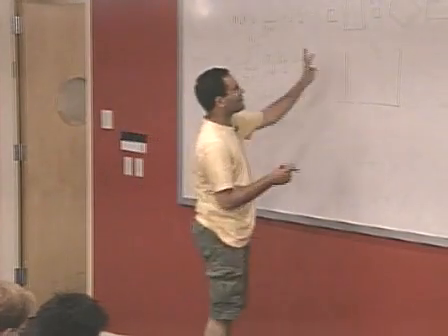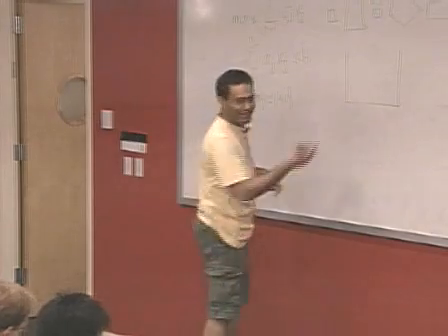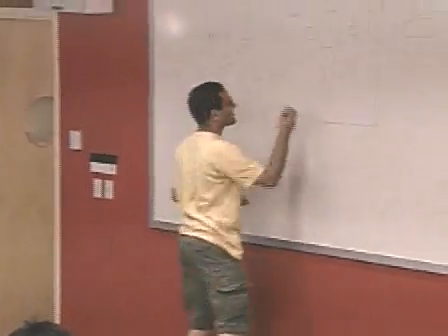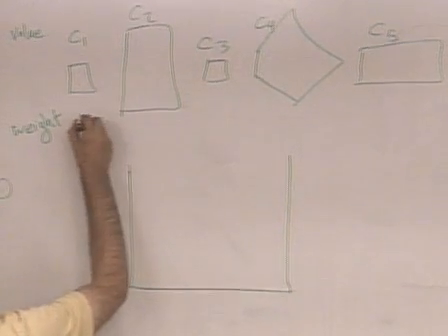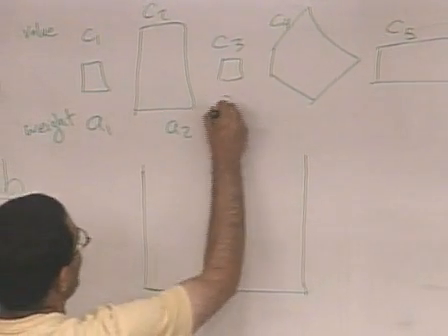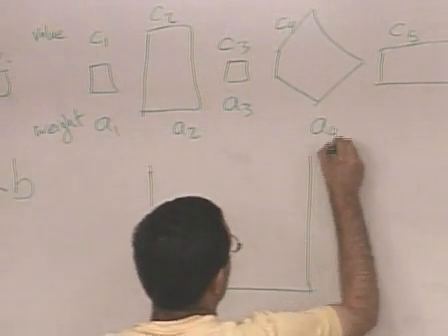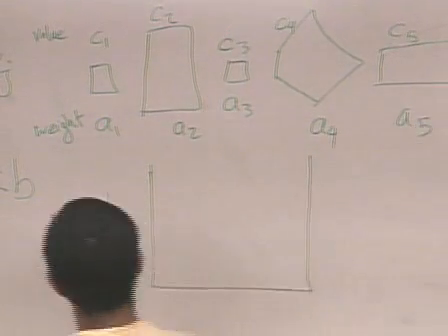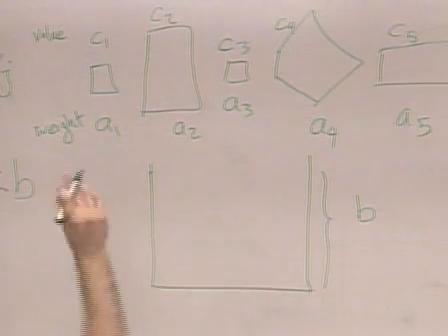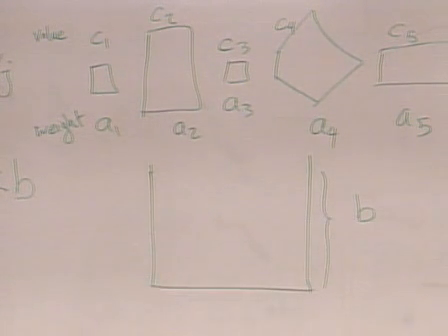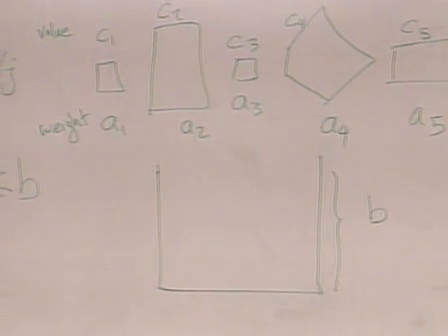Since I don't want to deal with the problems of shape, let's say that it's the weight that we are discussing. So each of them has a weight: A1, A2, A3, A4, and A5. And my knapsack can carry b kilograms, everything in the metric system. Well, this is our generic problem. This is for 5 objects, but it can be for n objects.